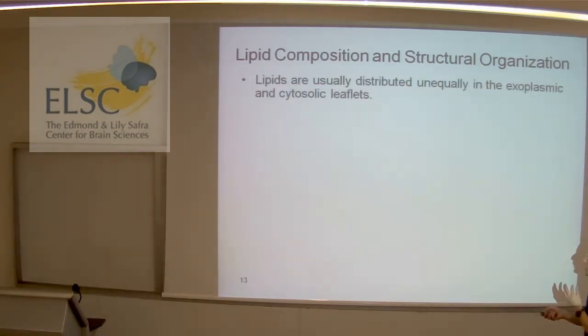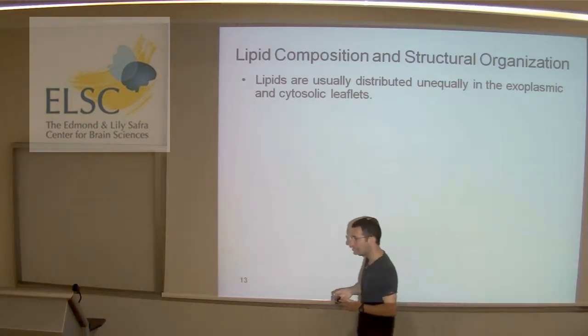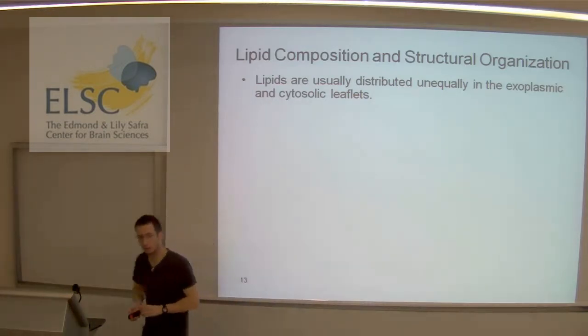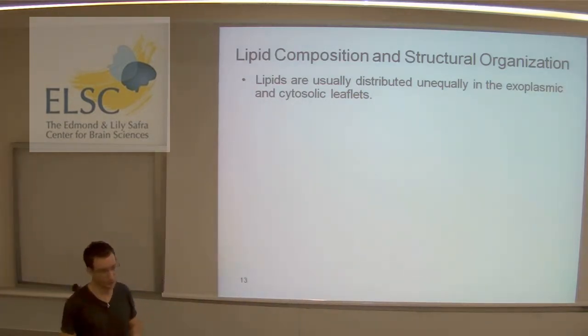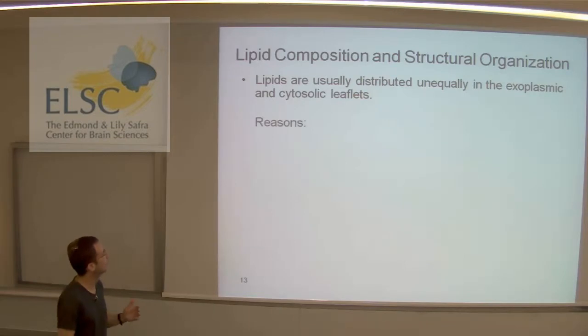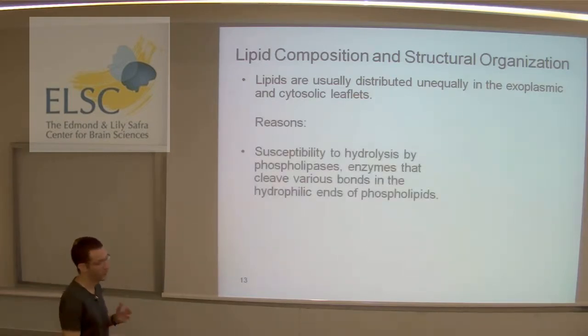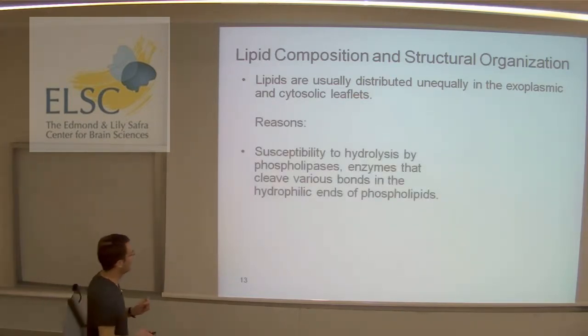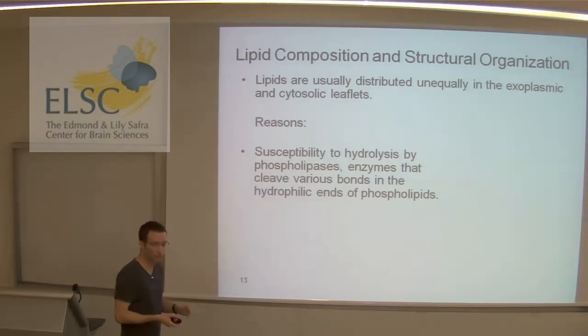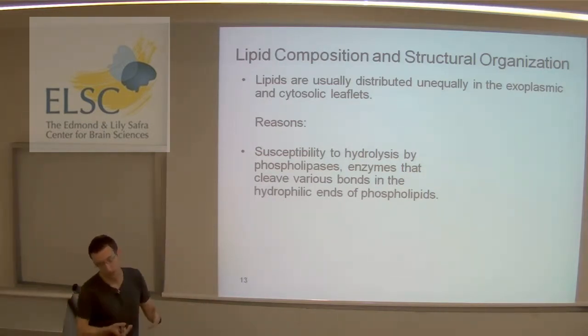Okay, lipids are usually distributed unequally between the two sides of the membrane. So there is an asymmetrical distribution of lipids between the two leaflets, meaning that each side of the membrane will have a different population of lipids. And why is it so? There are several observations that are considered to be the reasons for this phenomenon.